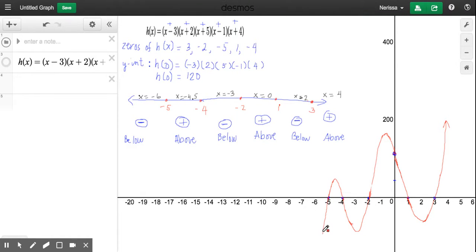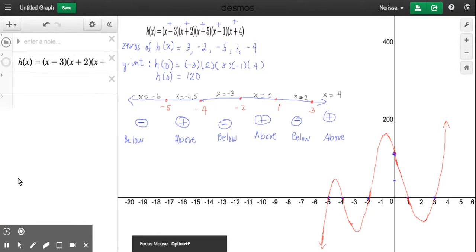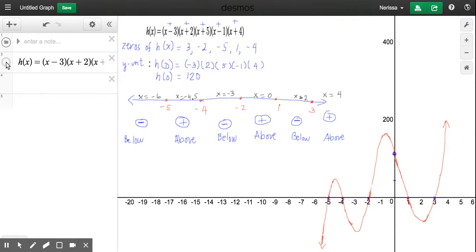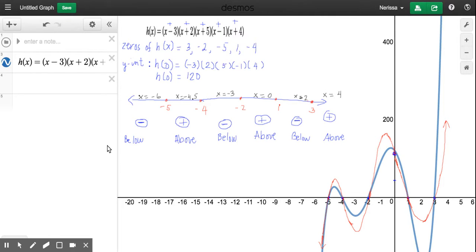And then here on the left side, because -5 is the farthest x-intercept on the left, on this end, the graph will just continue to go down towards negative infinity. So here's our rough sketch of the graph. So what we're going to do now is use Desmos to graph it for us and see how our graph compares.